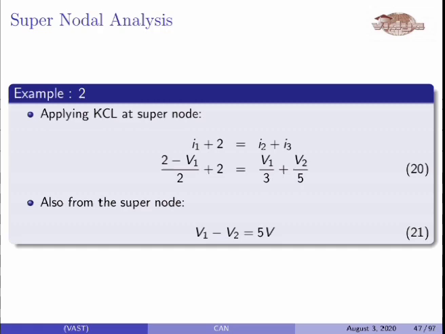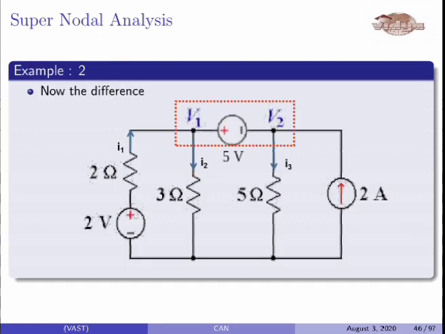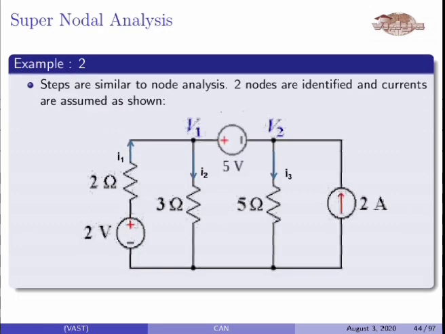Now in equations 20 and 21 there are only two variables, V1 and V2. So by solving equations 20 and 21, you can find the values of V1 and V2. After getting V1 and V2, you can find any current. Here in this problem, we have to find the current supplied by the 5 volt battery.